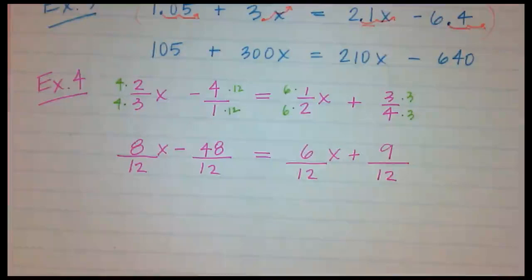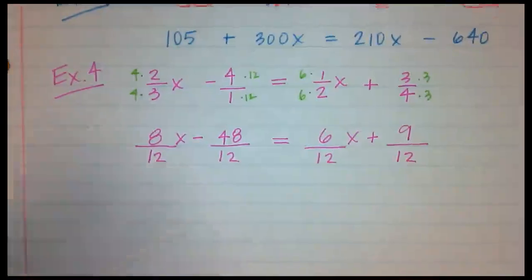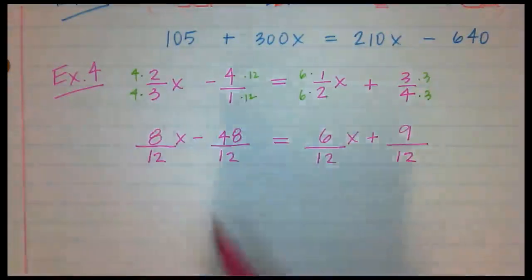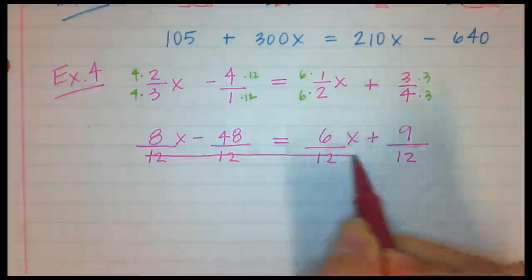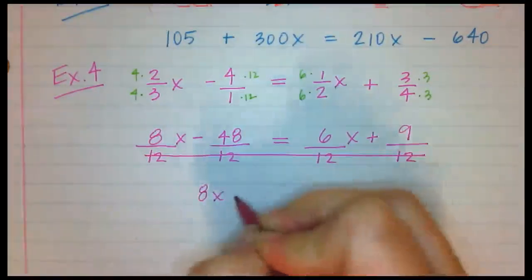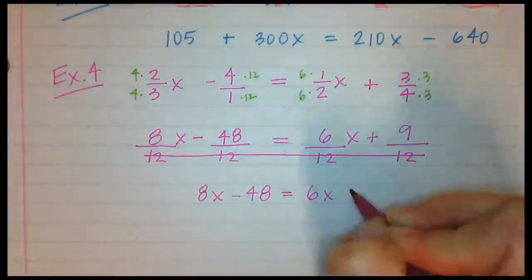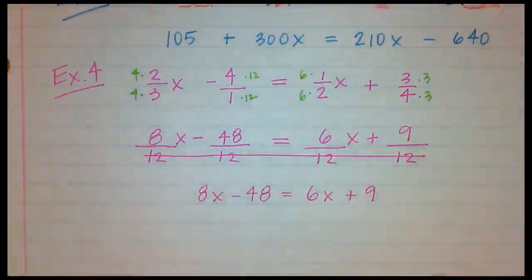So what we just did is we went through this entire equation and made all of the numbers have a common denominator. So now that we have the denominator the same, we don't even need it. So all we need to do is 8x minus 48 equals 6x plus 9. And then you can solve from there.